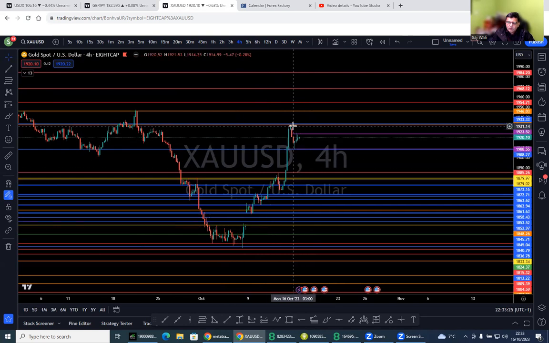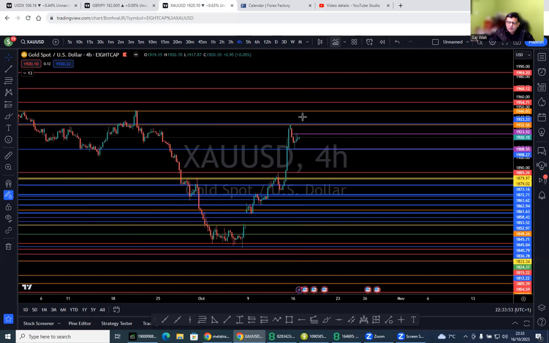Look here, we could have given a rejection of around the 1900 level, or this level 1900, or even at 1881. But it's still possible when the market makes a double top here, it can still come down. However, because of the fundamental news going on, the war situation, the market may not reverse from the double top here.